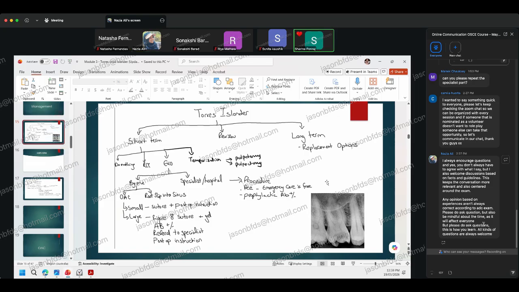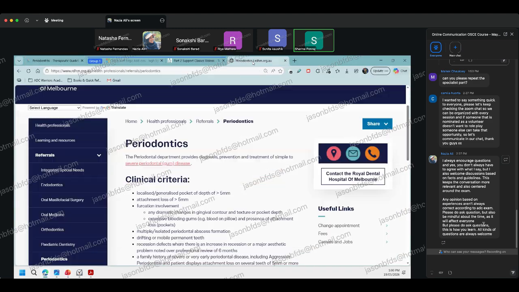Dr. Nazia, what's a public hospital in Australia? Don't they have free treatments there? Very good question. We have public hospitals and we have private hospitals as well. In the exam, mostly we're dealing with the public sector.